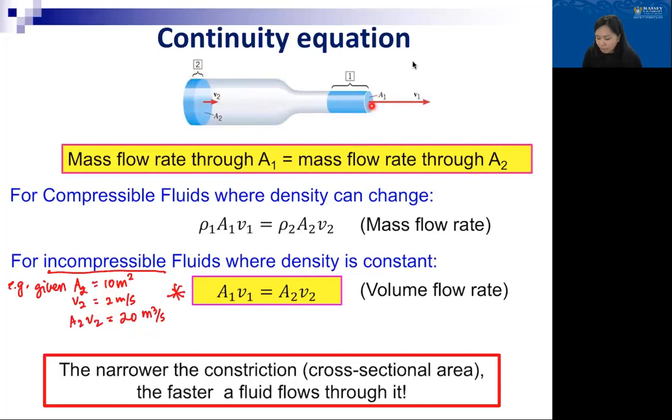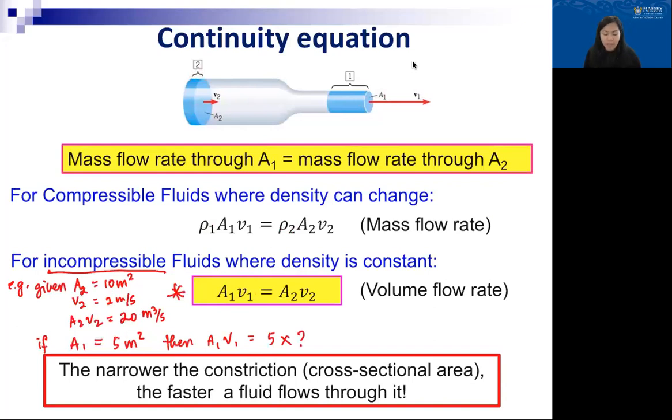So say at the narrower end, A1 narrows down to, for example, 5 square meters, at this right end of the pipe. Then the left side of the continuity equation says A1 multiplied with V1 is equal to 5 multiplied with whatever, we don't know, right?